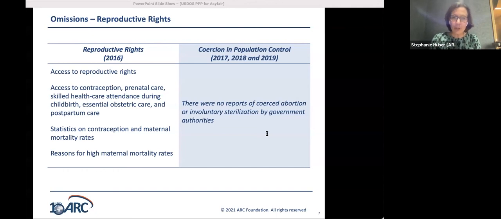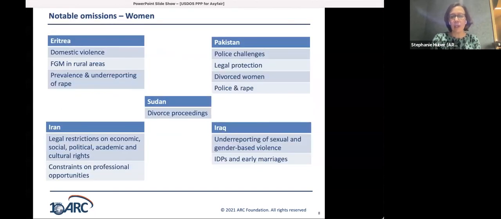So other notable omissions with regards to women included, just to name a few that you can see on the slide, like with regards to Eritrea, the incidence of domestic violence, the lack of reporting of domestic violence, and the information that domestic violence cases were rarely brought to trial, and the reasons for a lack of state intervention.